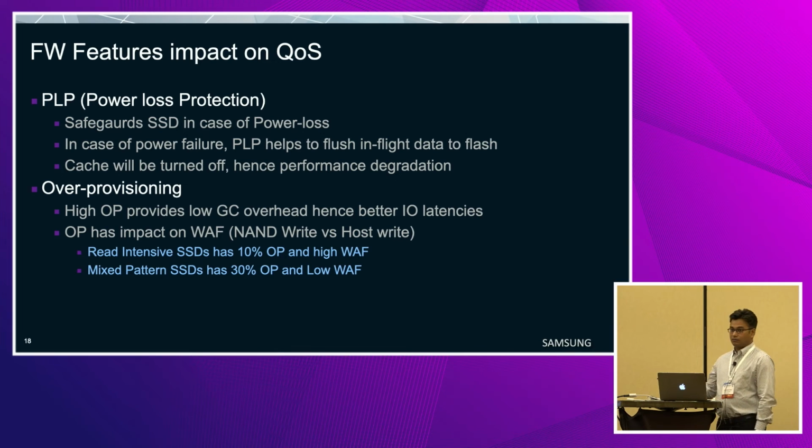I was curious about the read-intensive workload having a higher rate application. This is the data we have taken from one of our SSDs. Based on the customer requirements, read operations normally don't cause much GC operations, right? So that's why they want to keep the OP percent, the overprovisioning, low.